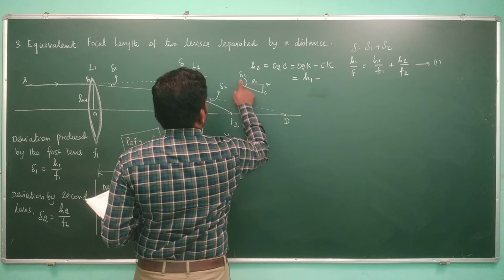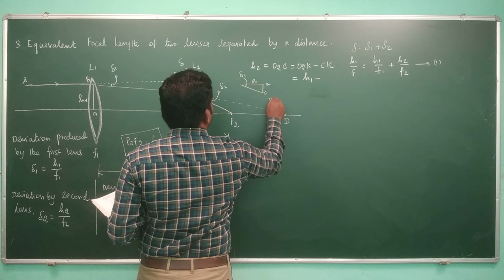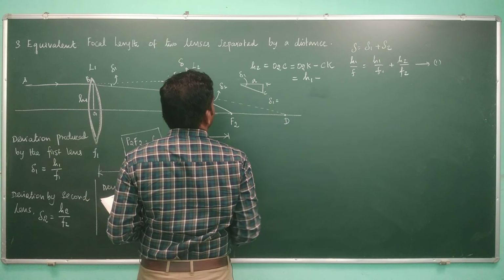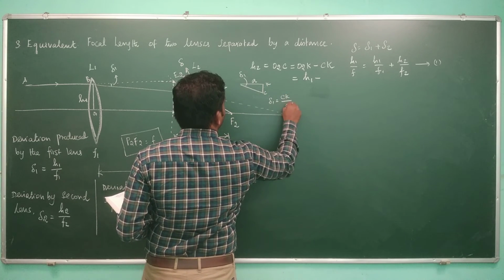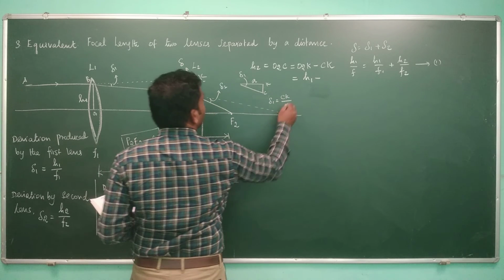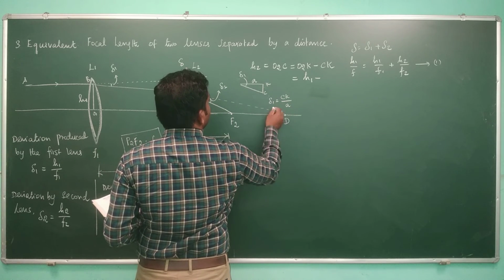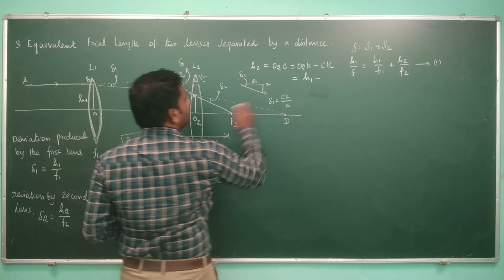See, if you want to write the equation for delta 1, what you will write? Delta 1 is nothing but this ck by A. But now we want ck, so that we can write ck is equal to A delta 1.